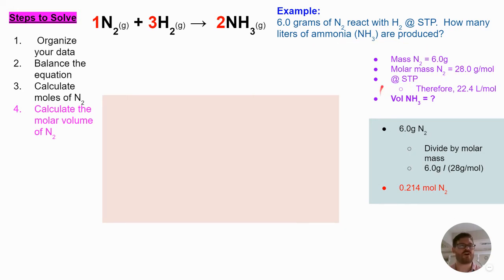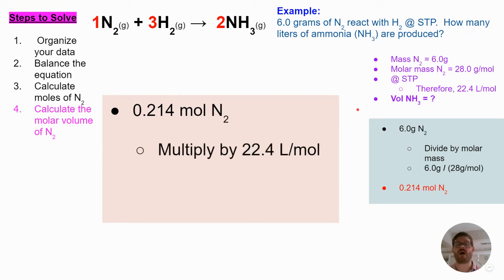So that's where our 22.4 liters per mole are going to come in handy here. So start with our moles of nitrogen, multiply by 22.4 liters per mole, and get an answer of 4.8 liters of nitrogen.